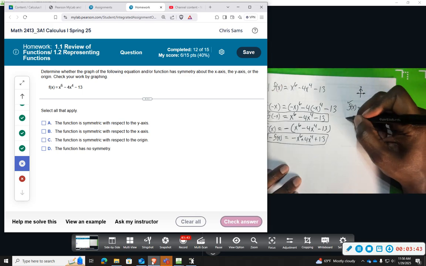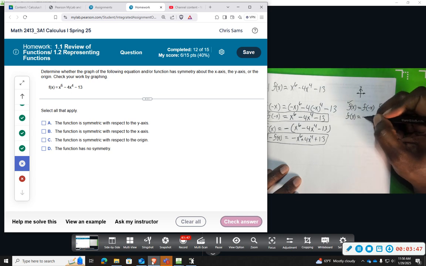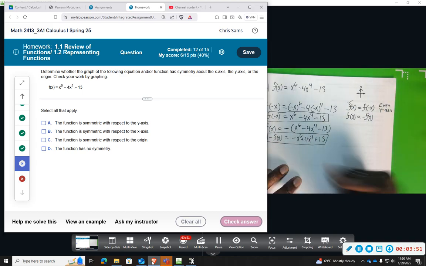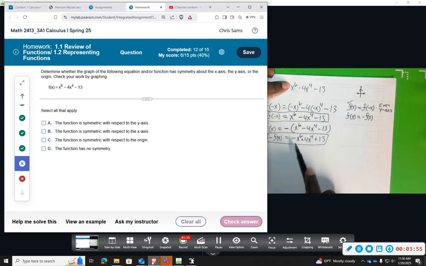Now we're going to check f of x and see how that compares to negative f of x. That's this other one that we just made. When we compare the top function to this bottom function, right away we see different signs. This is positive, this is negative. Although the term is the same, the coefficient is not. So these are not the same.